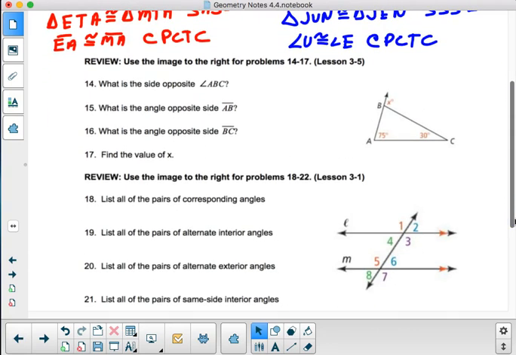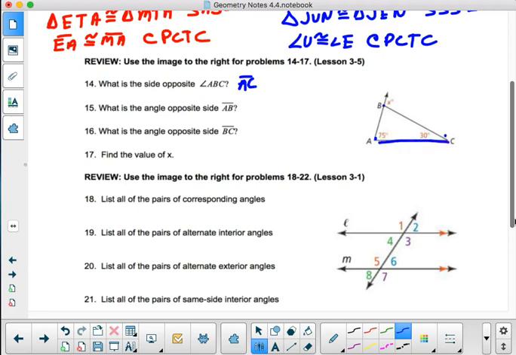What is the side opposite angle ABC? We're looking through this one. Okay, so we're looking at segment AC. So I've got angle ABC, so AC is opposite that.